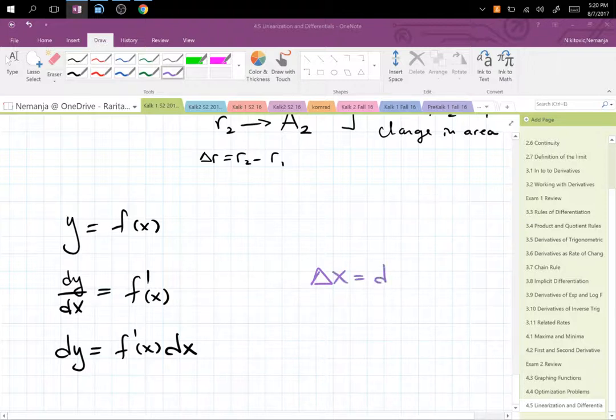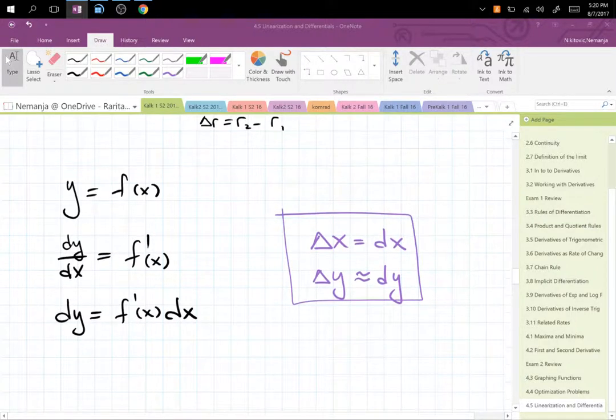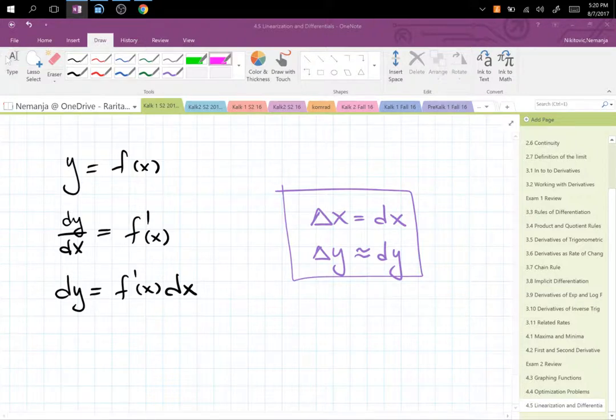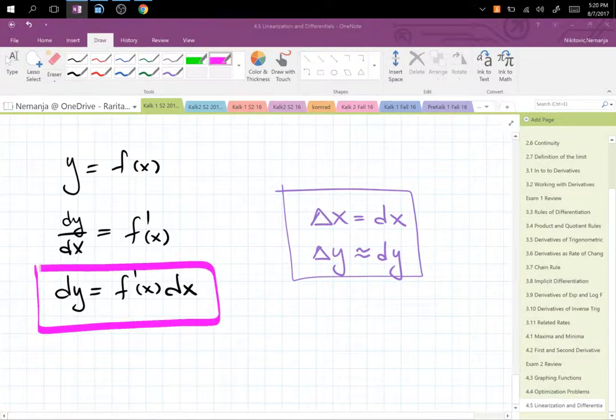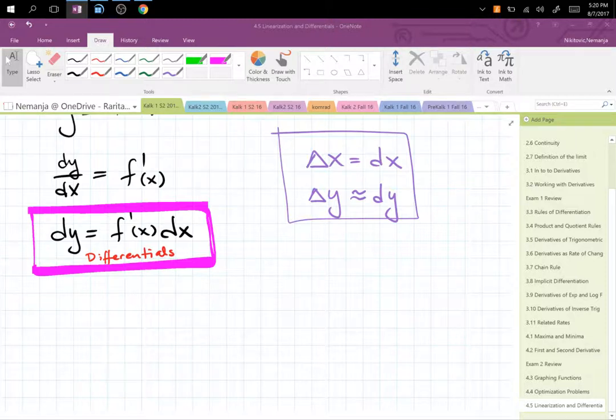Delta x and dx are the same thing. Delta y is approximated by dy. They're not the same. So this formula here is differentials. Very simple to use.